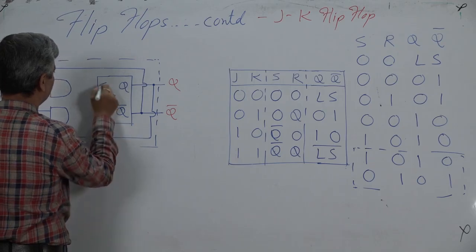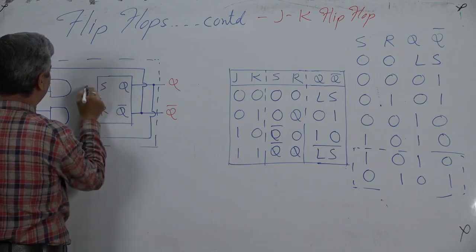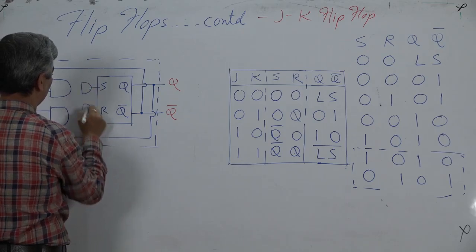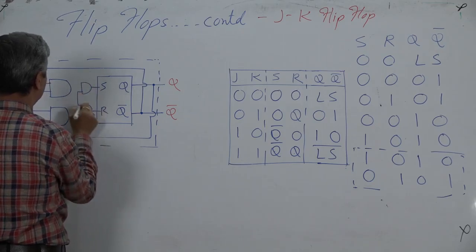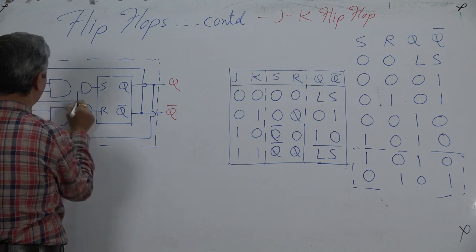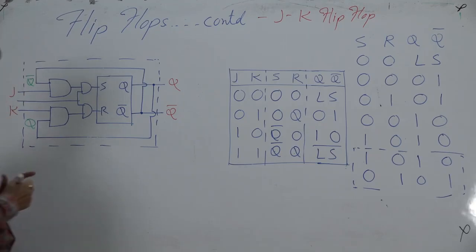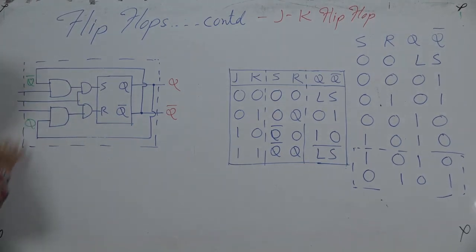So, what you have got? S, R, you have got one more AND gate here. So, this was what we have discussed, and this is E. This we can add, it is very interesting now.